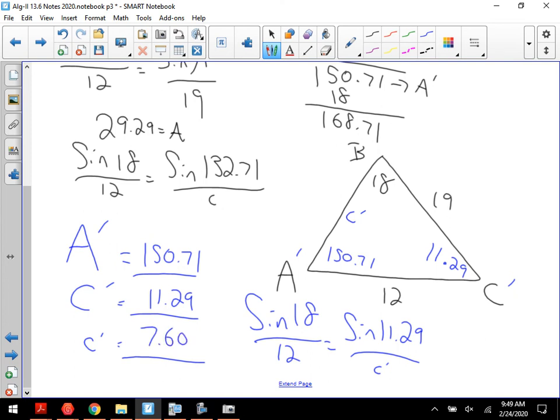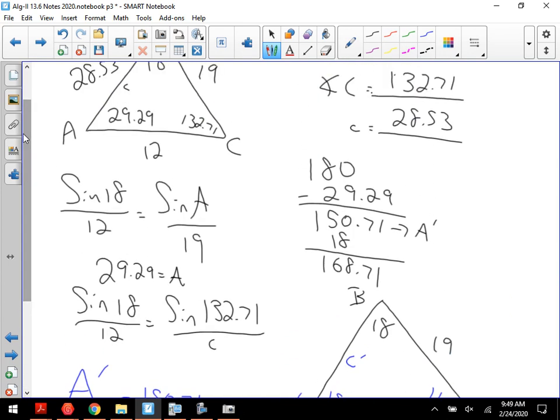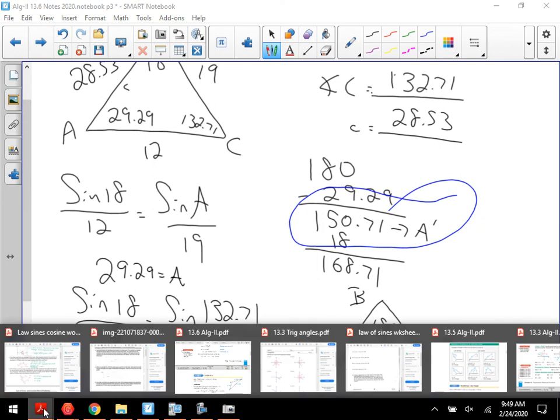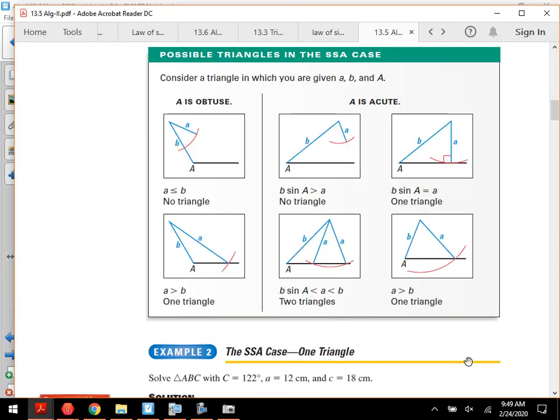So the actual work of the second triangle is you've already got the prime angle. You just subtract it from 180, do one more law of sines. It's really fast. It's just remembering if you start with angle side side and the angle you find is acute, you got to check and see if this works. And that's the trick. There's no reason, like I was saying, to go through all of these different scenarios to check and see why they work.